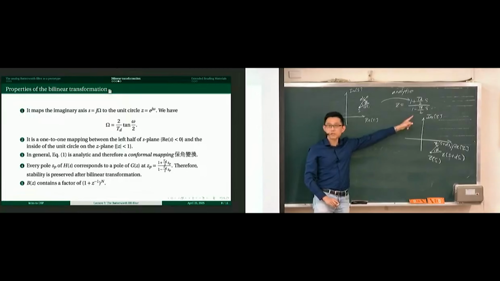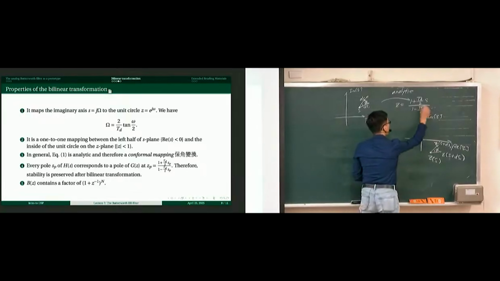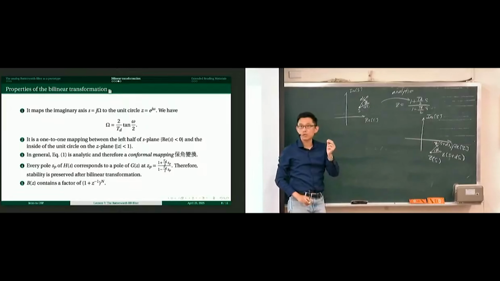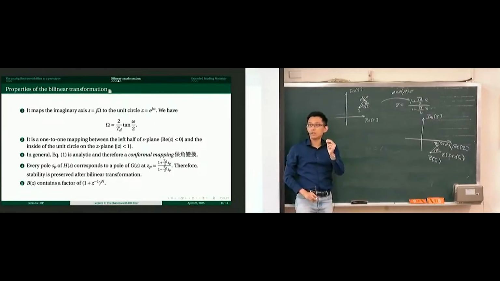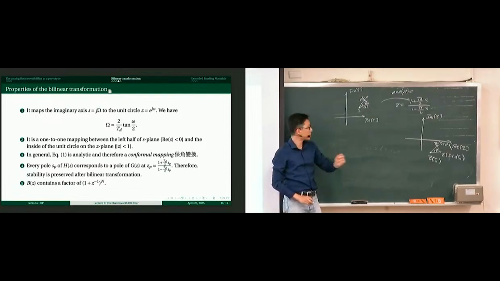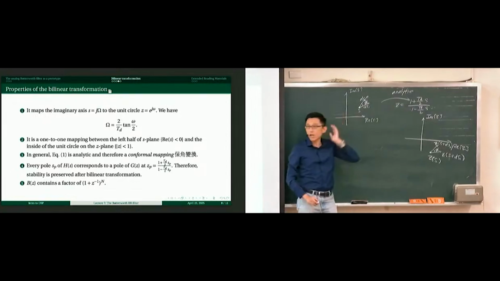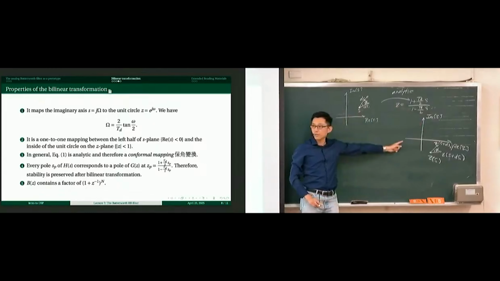Z as a function of s is differentiable except at its singularity, 它可能有奇点. Otherwise, everywhere else, z is a differentiable function of s. Therefore, it preserves the angle. It is a conformal mapping.